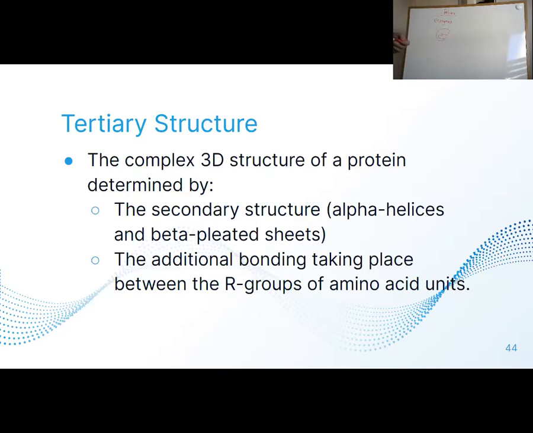So most of our genetic disorders are caused by a change in the primary structure, which alters the secondary structure. And because we've changed amino acids, this alters the tertiary structure, what it looks like in 3D space, like that. And in here might be the binding site for the enzyme.